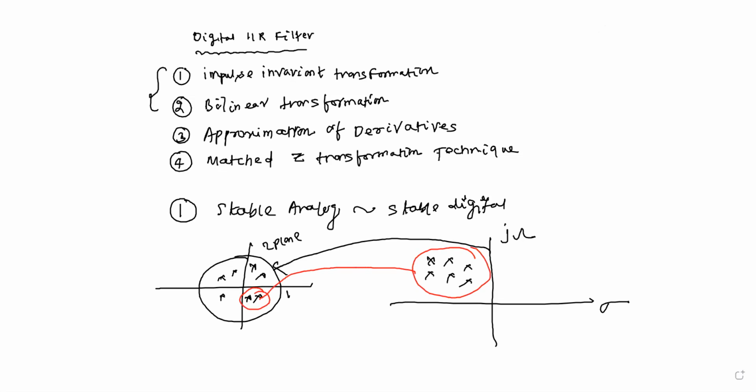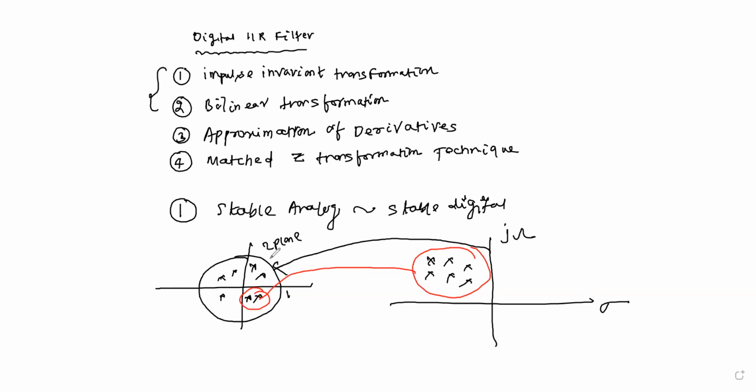These two things are very, very important. Then only we can convert an analog filter to a digital filter. If these things are not satisfied, then we cannot get a stable digital filter. So this is very, very important.